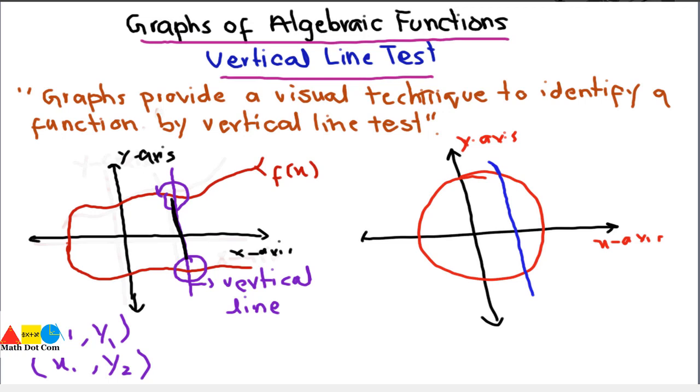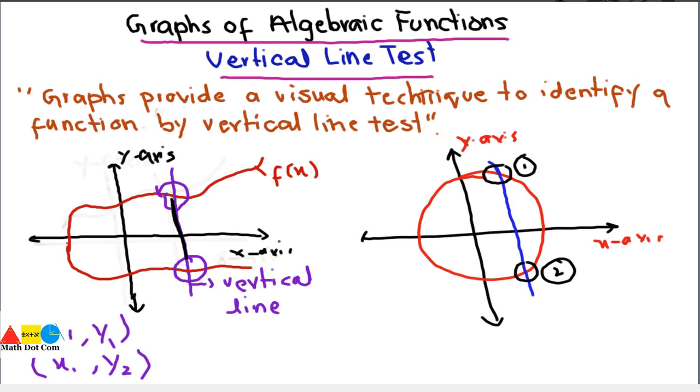Because the vertical line is cutting the given graph at 2 points. This is point number 1 and this is point number 2, where the value of x is the same. So we cannot say that this is a function, because it is violating the rule of a function that we have already discussed in our previous lectures, that the value of the input cannot be the same at two places.